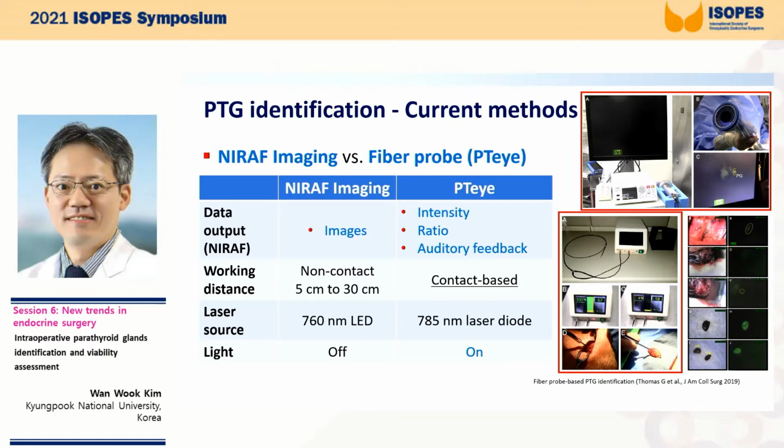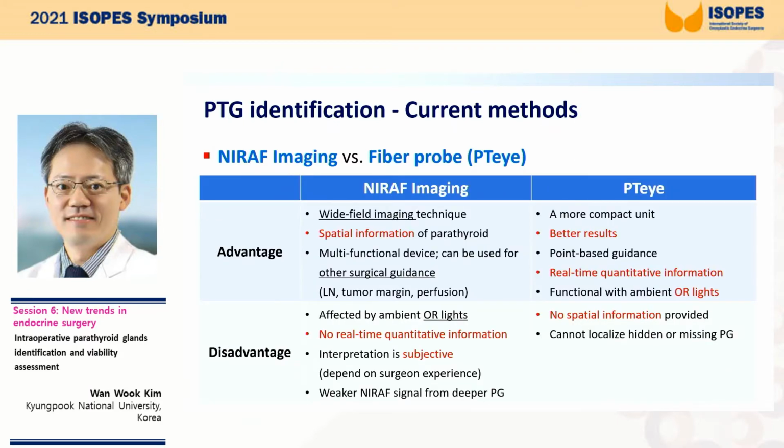The display panel informs the surgeon of the near-infrared autofluorescence intensity and the ratio, which is translated into a percentage likelihood of parathyroid gland. The advantages and disadvantages of each modality are summarized in this table. Near-infrared autofluorescence imaging can provide wide-field imaging and spatial information and other surgical guidance such as lymph node and tumor margin.